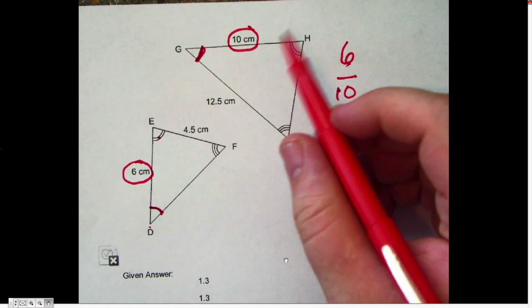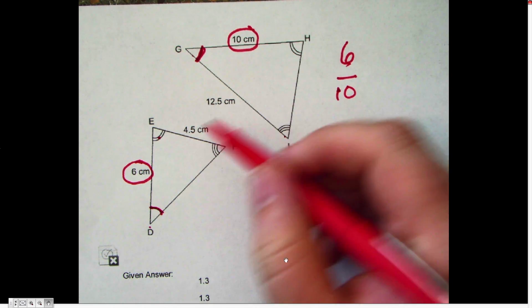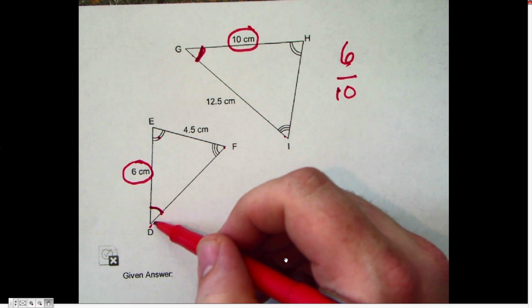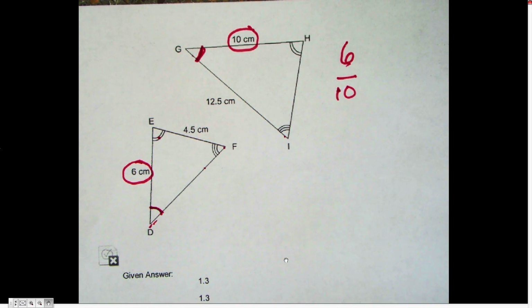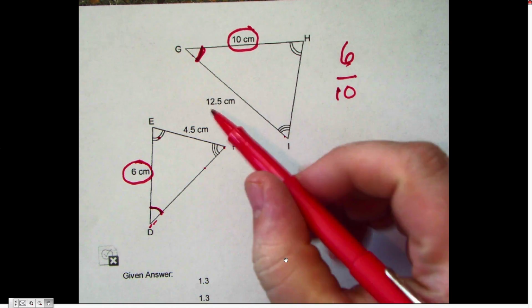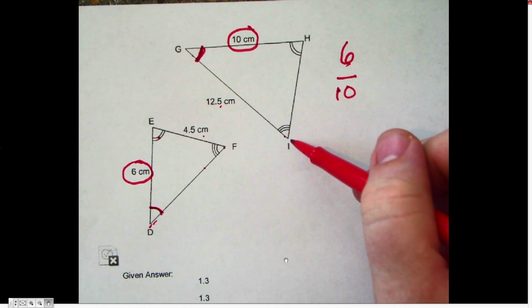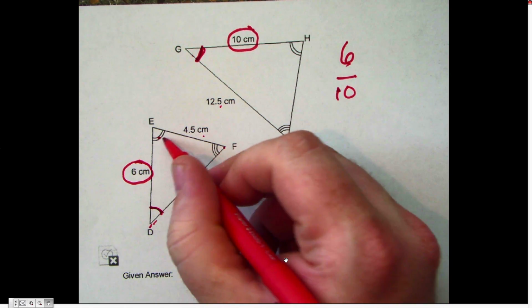Now we need to see if the other side is proportional too. This one goes from 1 to 3, but that one does not go from 1 to 3. So what do we need to do to find out if they are similar? Can we tell by the length of the sides?